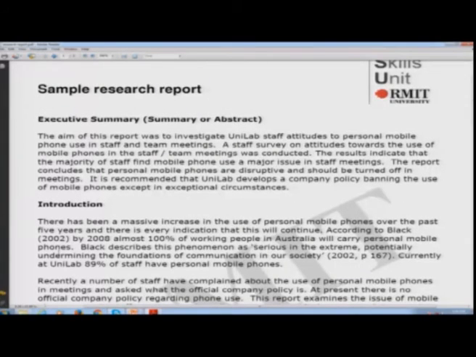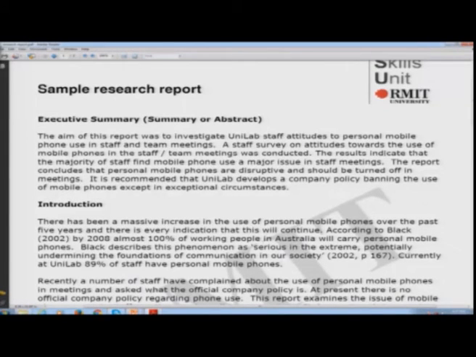So, now let us read this in detail. Executive summary. The aim of this report was to investigate Unilab staff attitudes to personal mobile phone use in staff and team meetings. A staff survey on attitudes towards the use of mobile phones in the staff team meetings was conducted.